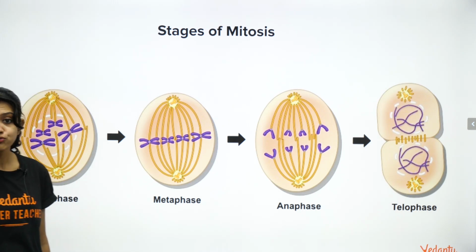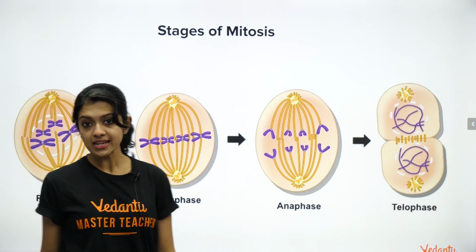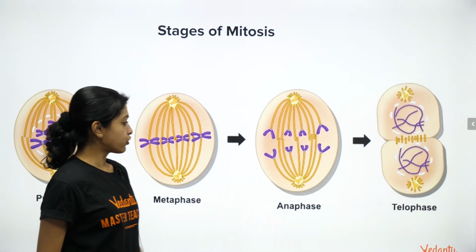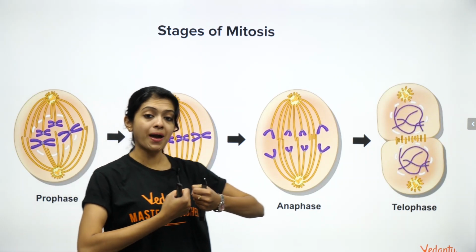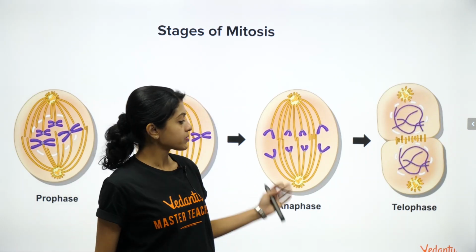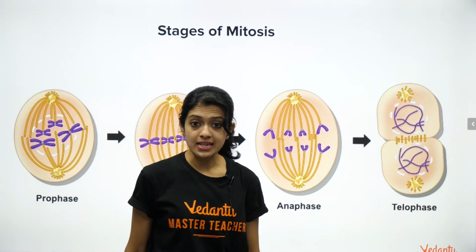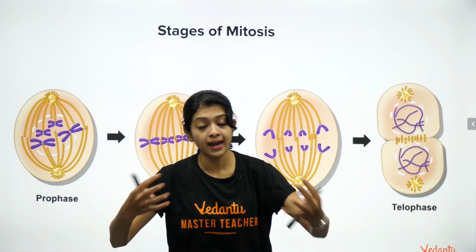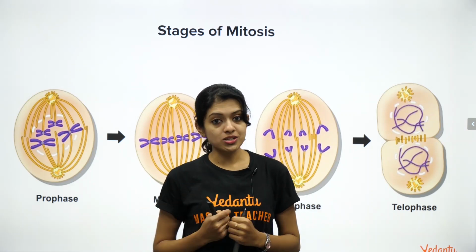Pro again is before or first, right? Prophase followed by metaphase, followed by anaphase, wherein the sister chromatids are pulled apart, and finally telophase, wherein the nucleus begins to reform in order to prepare to form two daughter cells.